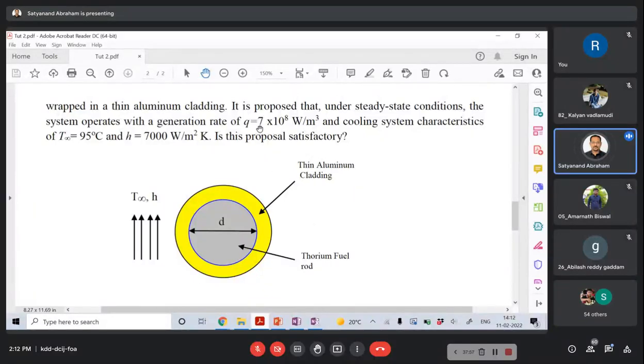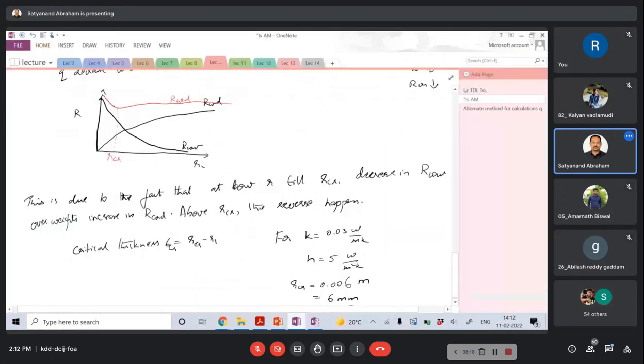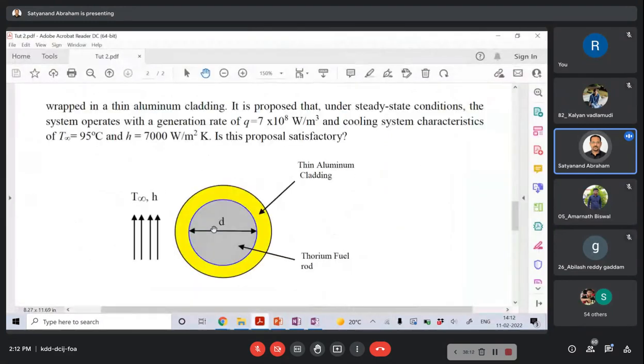So here the heat generation is given per unit volume. Okay. And the diameter is also given. So from there you will get the total heat generation. Our basic understanding is that the total heat generated is equal to the total heat convected.